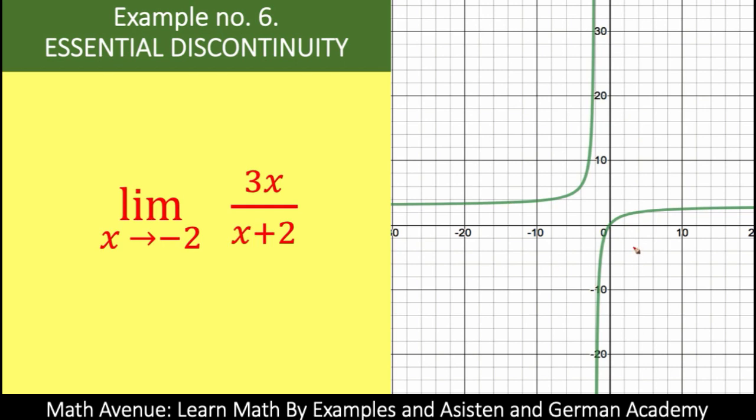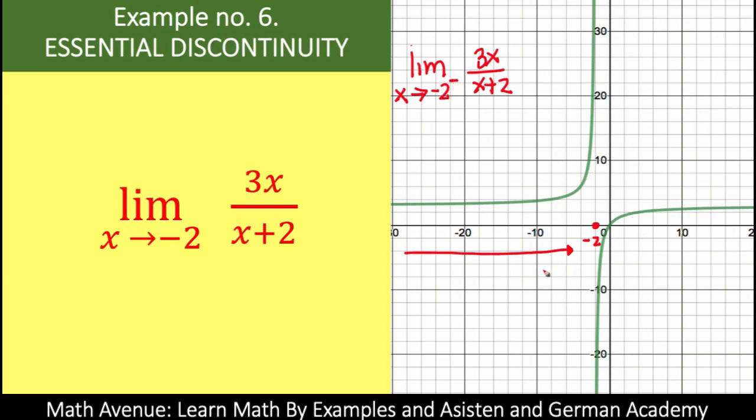We can identify it by looking at the left hand and the right hand limit. So let's take a look now at what is the limit of this function as x approaches negative 2 from the left. So this is negative 2. We now write the limit of the function 3x over x plus 2 as x approaches negative 2 from the left is that y value.